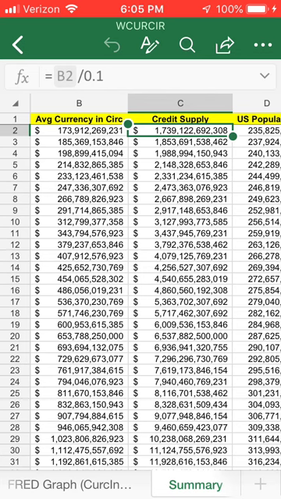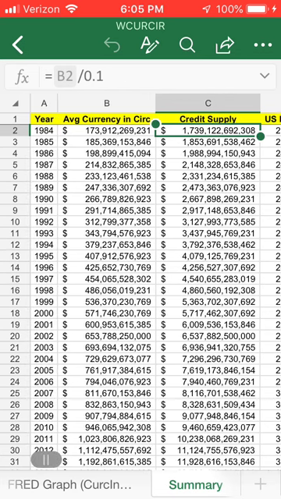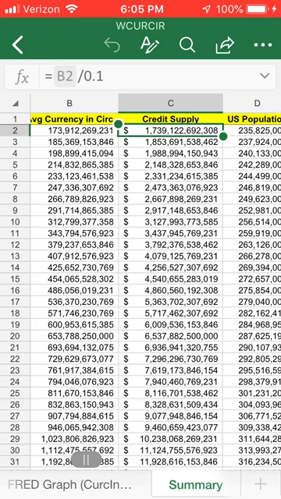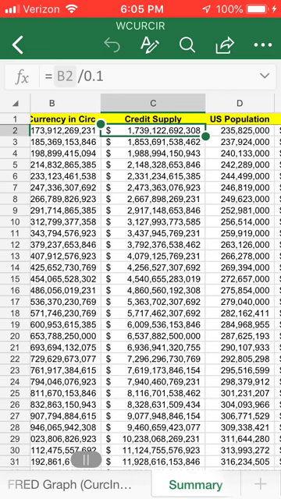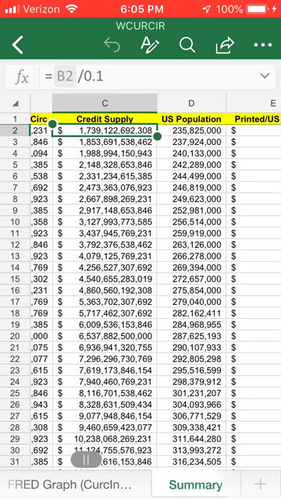So here you can see back in 1984, with that much physical currency, 173 billion, as a country we would have had 1.7 trillion available to us in terms of credit, like what banks can offer to the world. And then the next column is the U.S. population.